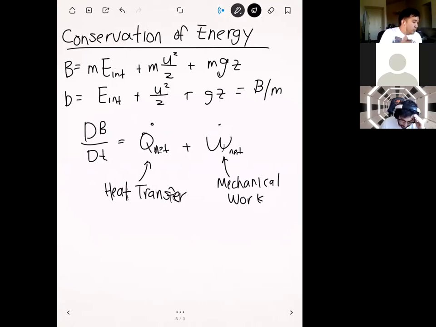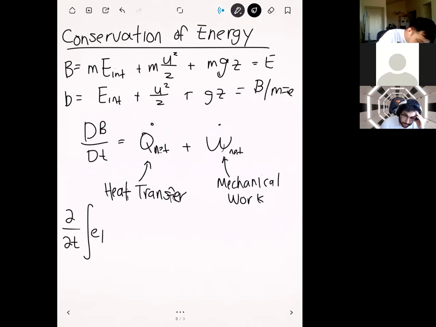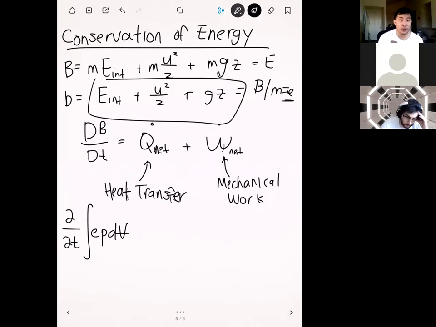If we put these together, we can form our conservation of energy expression. We just apply RTT. First we have our unsteady terms: partial t of the integral of e rho dV. For shorthand, I'm going to define little b to be little e. Little e is just the sum of all of these terms for the internal energy, kinetic energy, and gravity.